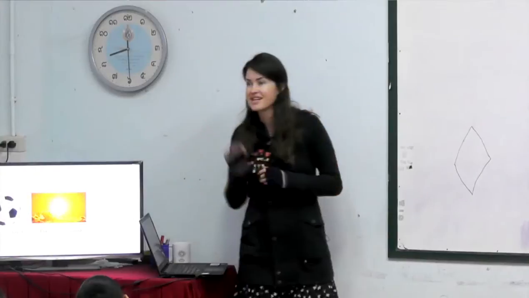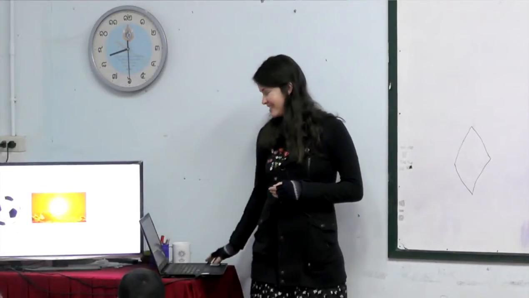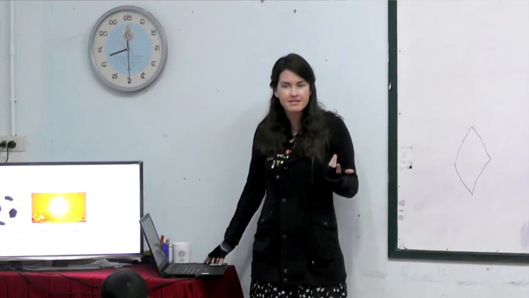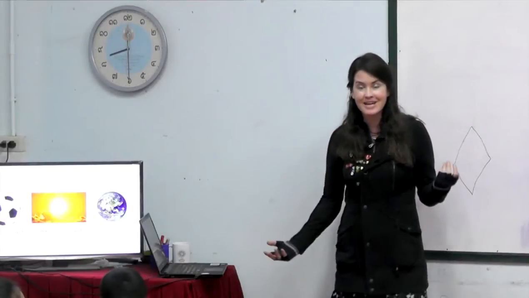Is the sun round? Yeah. The sun is round. Good. What else is round? The moon is round too. Good. The moon is round.